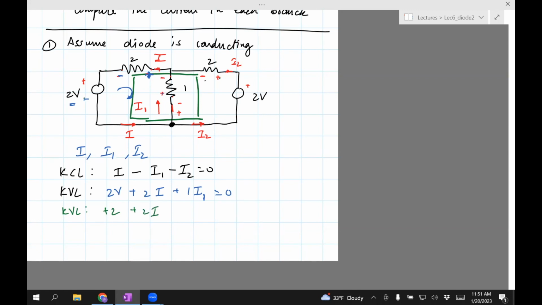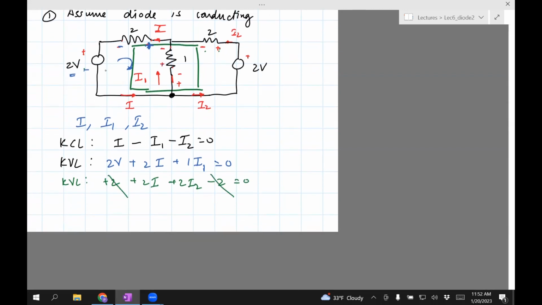This is plus negative, so it'll be plus 2I2. This is now the positive is connected to the positive, so this will be minus 2. And then that's it, equals 0. So we can cancel this 2 and this 2. So we are left with 3 equations. I equals I1 plus I2.